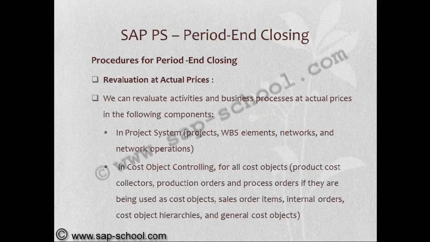We can revaluate activities and business processes at actual prices in the following components. Project system: projects, WBS elements, networks, and network operations. In cost object controlling, for all cost objects, product cost collectors, production orders, and process orders, if they are being used as cost objects, sales order items, internal orders, cost object hierarchies, and general cost objects.